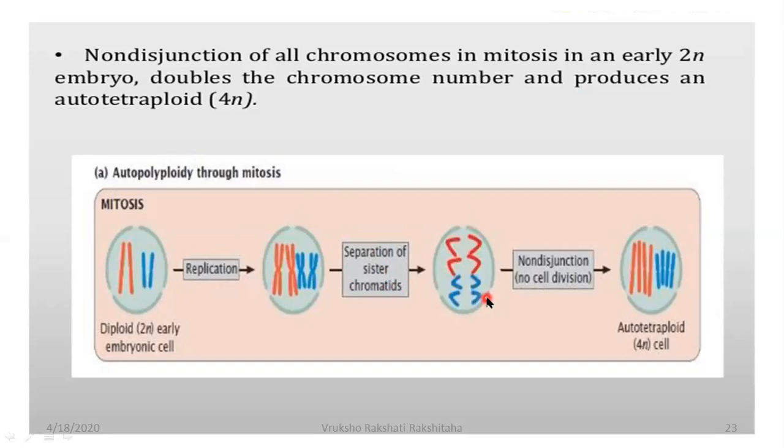But what happens is that sometimes these spindle fibers are not formed. So, though the separation of the sister chromatids has taken place, these sister chromatids cannot move to the opposite poles because the spindle apparatus has not formed. So, non-disjunction has taken place or non-segregation has taken place.